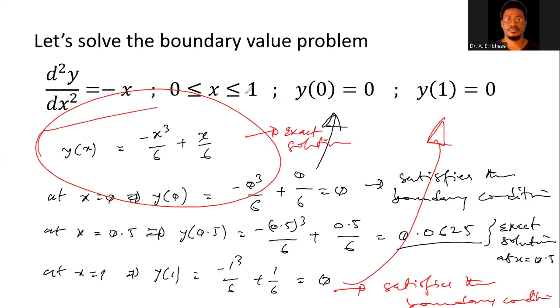So the next thing to do is to verify this outcome using some of the known methods. And this time we'll be using MATLAB to see how we are able to derive an approximate solution using the finite difference method, the finite element method.